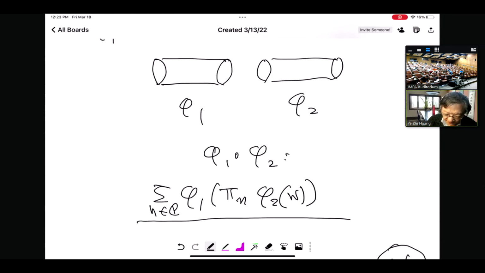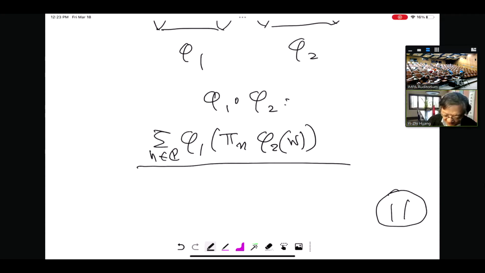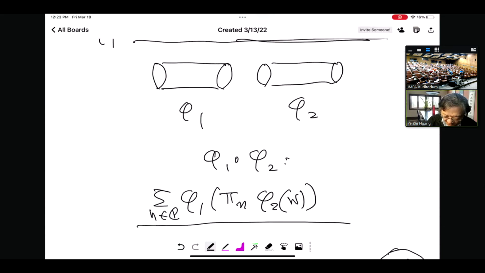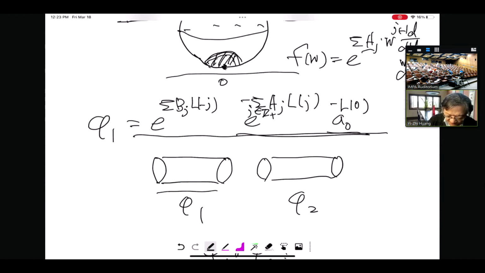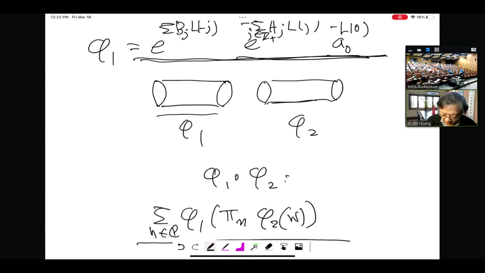Okay, so this convergence problem is actually proved in the following way. So we see that for example, phi1 is given by this. Phi2 is also given by such an expression.